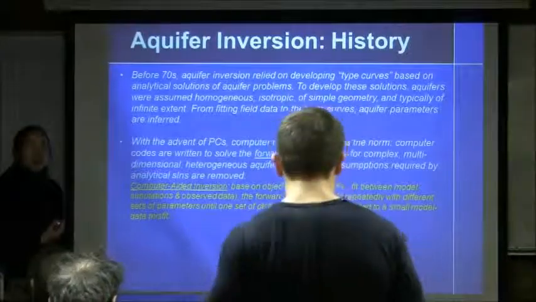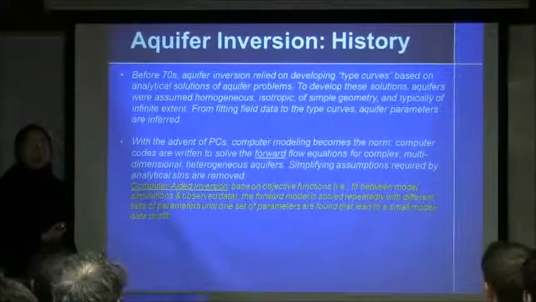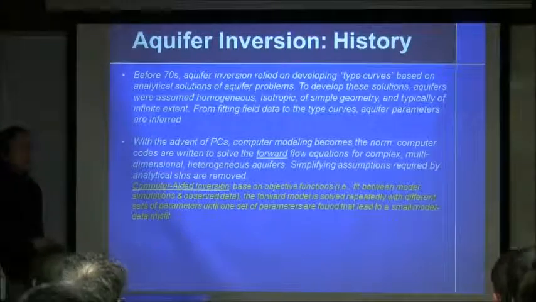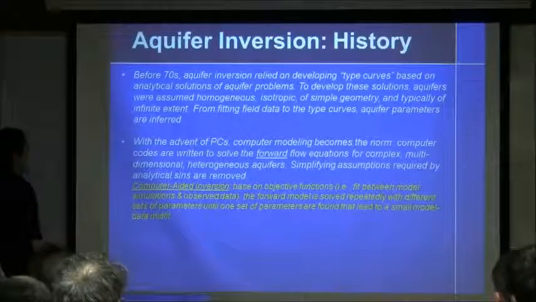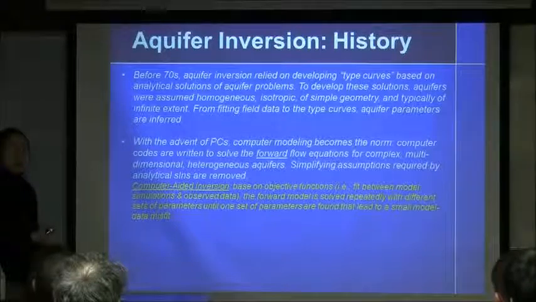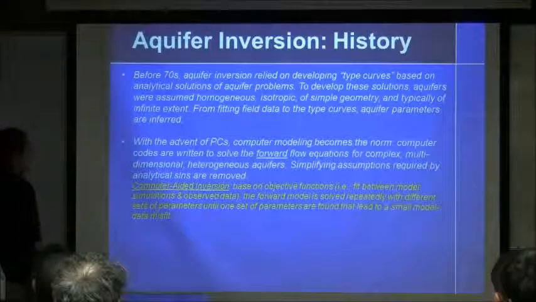So instead of relying on analytical inversion, computer-aided numerical inverse methods have been developed since the 70s. Typically, we create some sort of objective functions which describe the mismatch between model-simulated data and observed data. The model may predict heads at a location. You compare that with what you measure in the field.